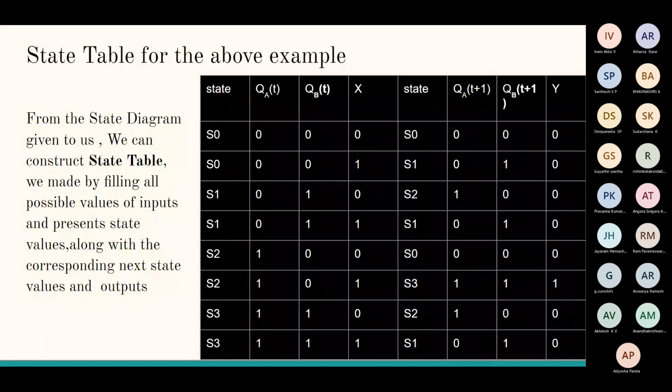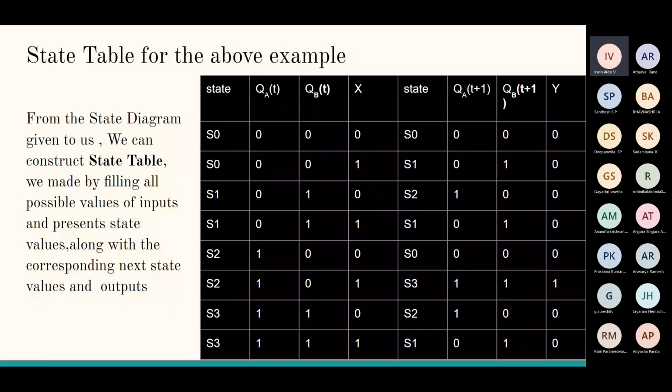Can you tell what A and B are? A and B are nothing but names for the flip-flops. I told you, we have four states, and we need to represent the four states distinctly. A flip-flop can have two distinct values, 0 or 1.